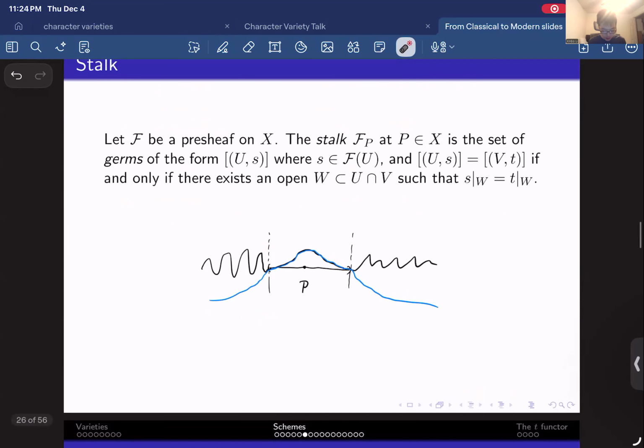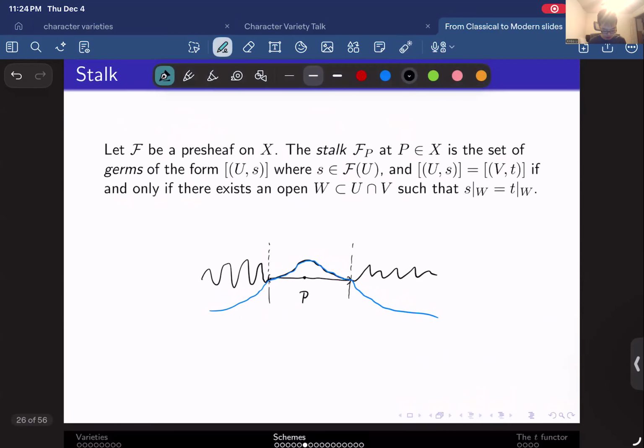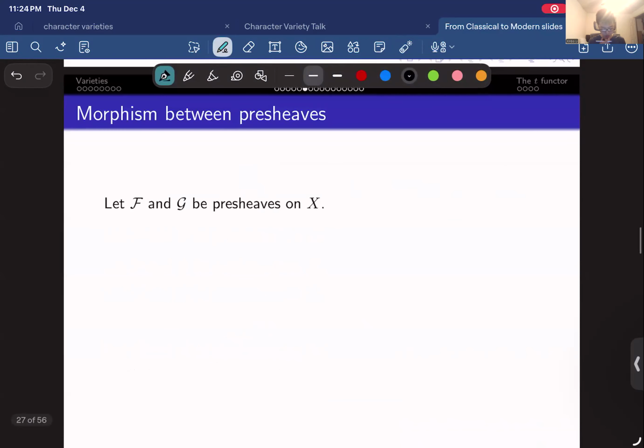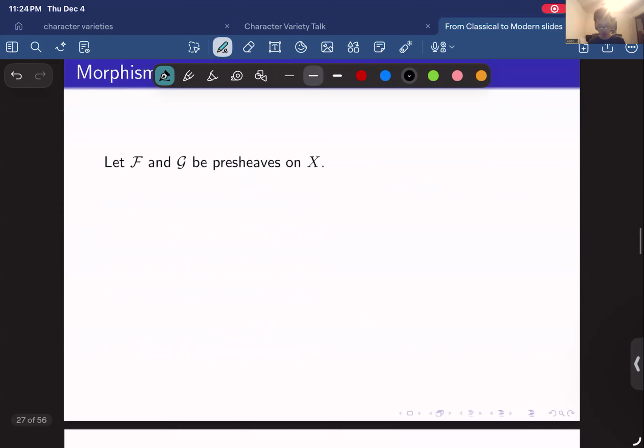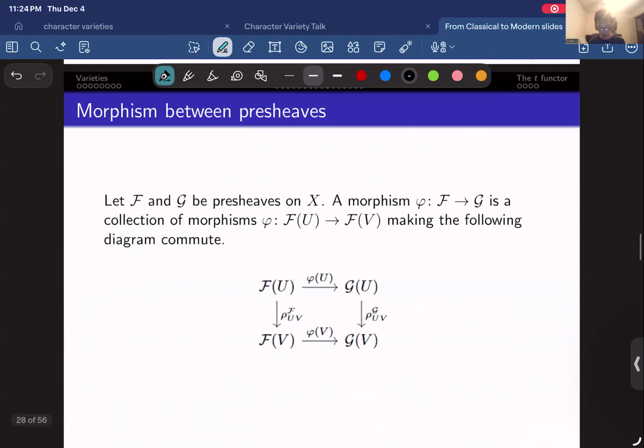So actually, I have to introduce morphisms here. Sorry. So let F and G be presheaves on X. A morphism F to G is a collection of morphisms, sorry, I have a typo here, so it's really phi_U from F(U) to G(U), making the following diagram commute.